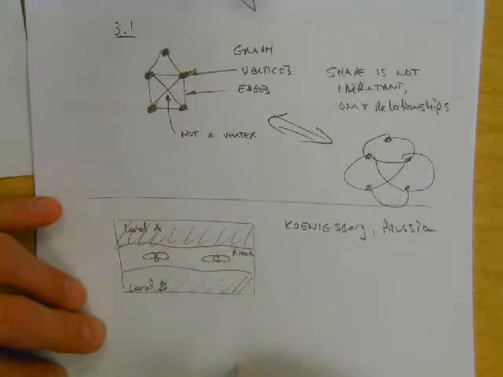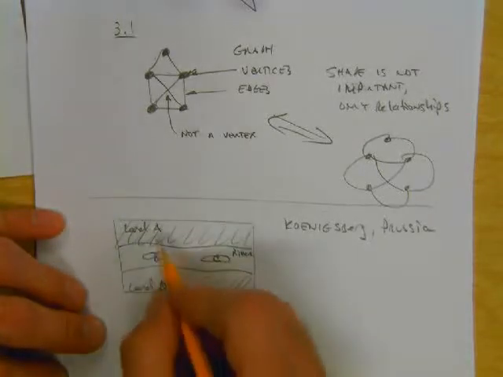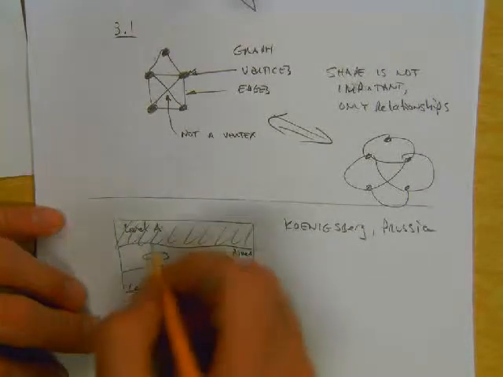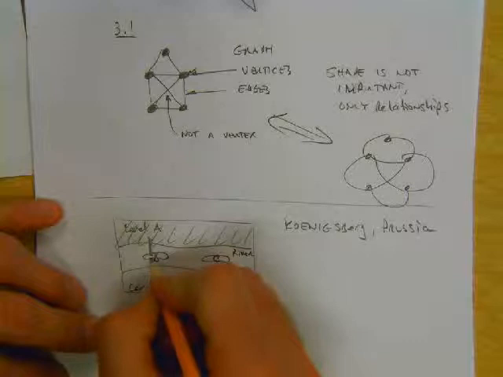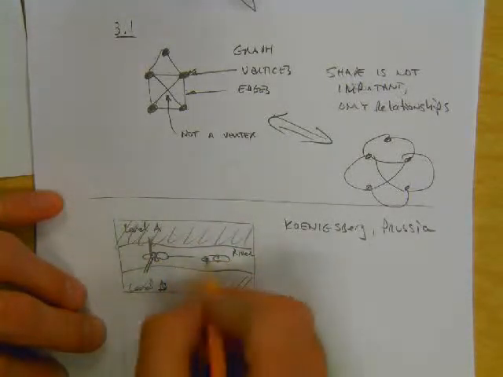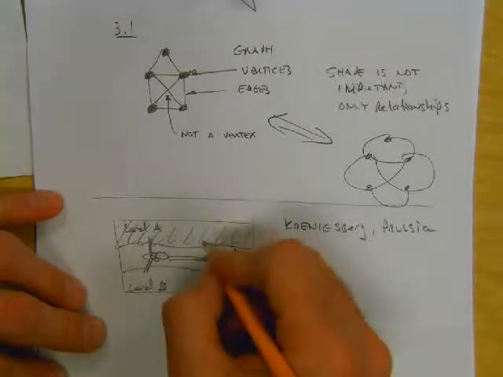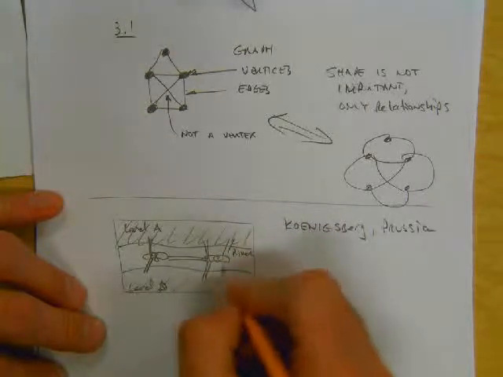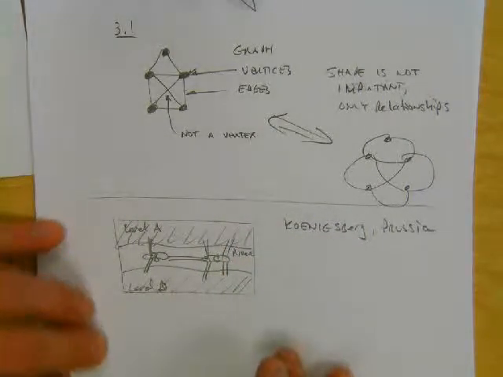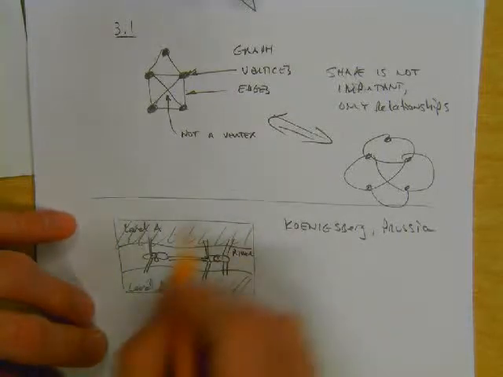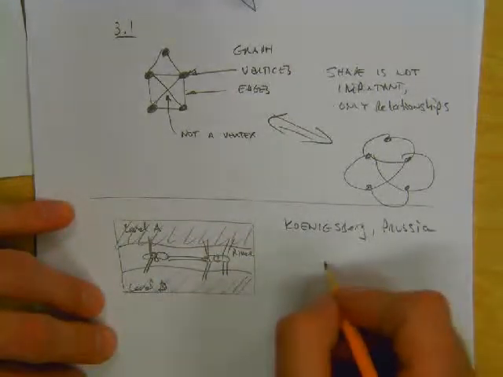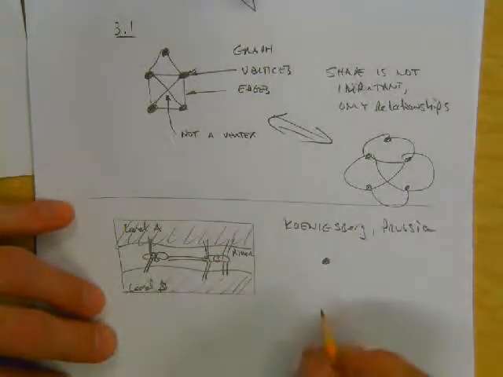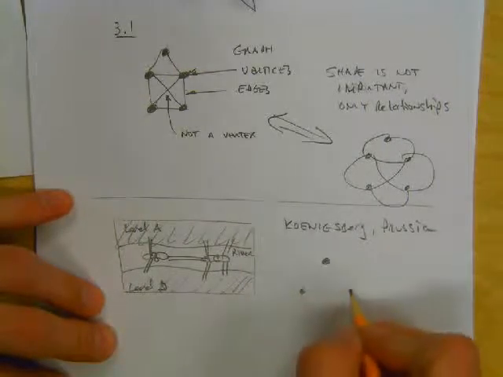Okay, and both sides of the city and the islands were connected with bridges. So there's one bridge, there's another. The islands were connected with a bridge, and then there were 4 bridges like this. Okay, and so this scenario could be represented by a graph, where land A is this dot, island B and C are here, and land D is there.